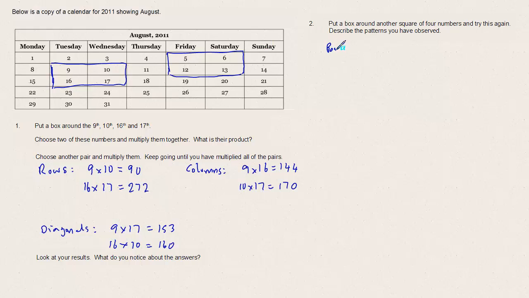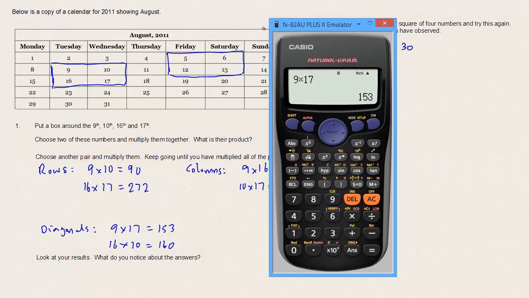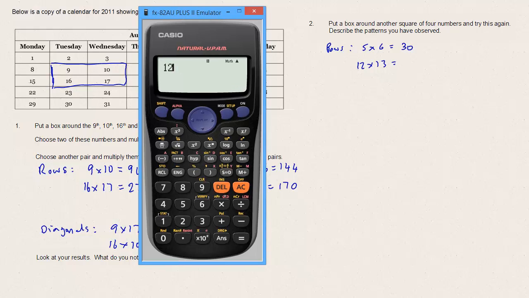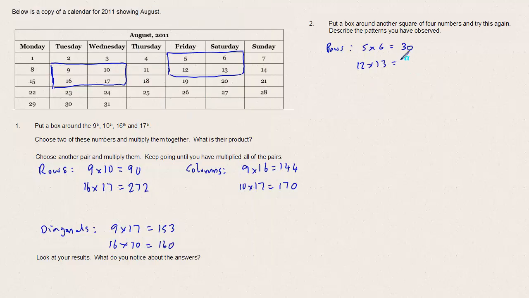And if we do the rows, then we've got 5 times 6 is 30, and 12 times 13, let's grab the calculator, so 12 times 13, it's 156.